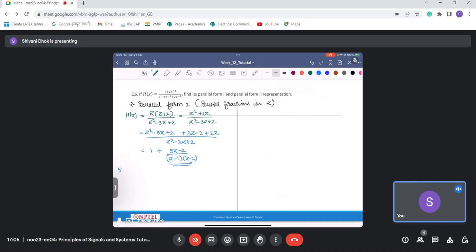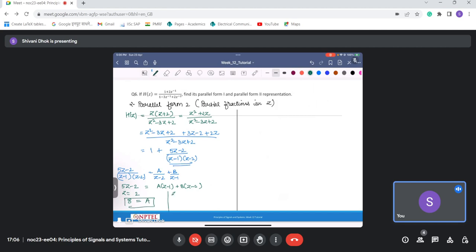So what I have is 5z minus 2 upon (z minus 1) into (z minus 2) is equal to A upon z minus 2 plus B upon z minus 1, and this I can write as 5z minus 2 is equal to A into (z minus 1) plus B into (z minus 2). So let's say z is equal to 2, then this is equal to 5 into 2, 10 minus 2, that is 8, is equal to A.